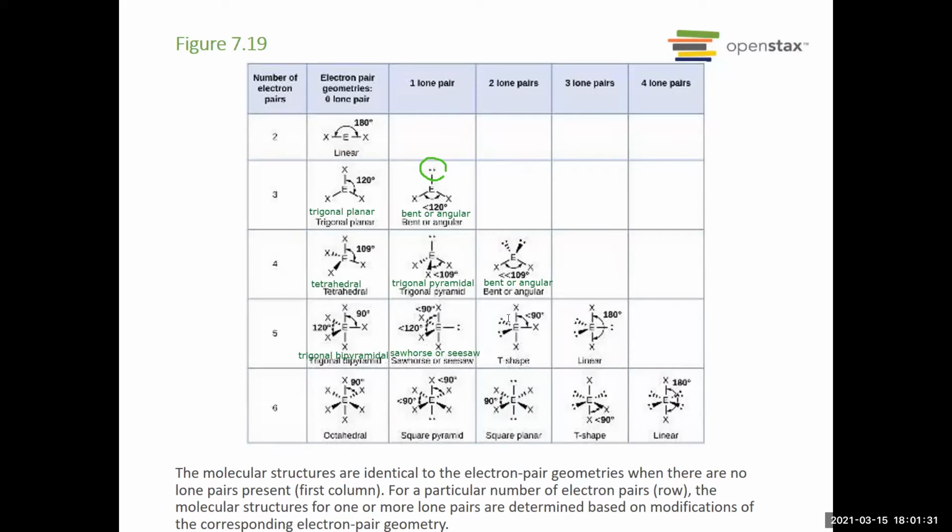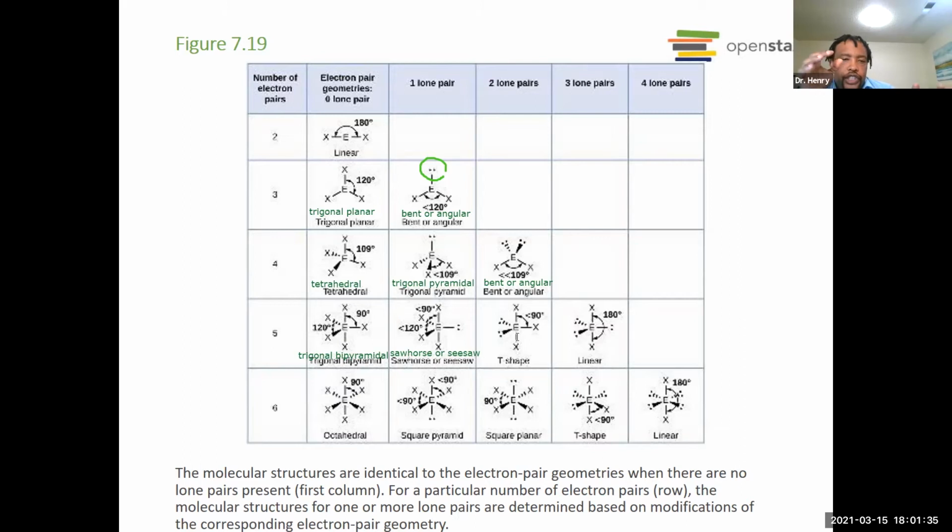Okay. And then if we have 2 lone pair electrons, then we're going to get a little T shape, but that T shape is going to be shifted a little bit.